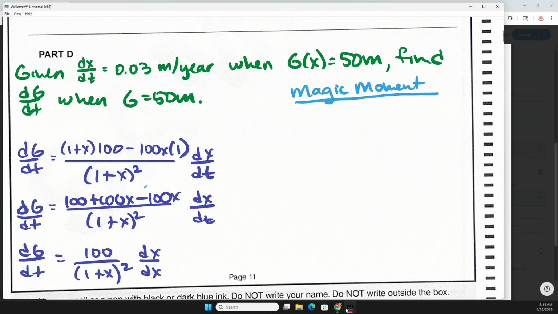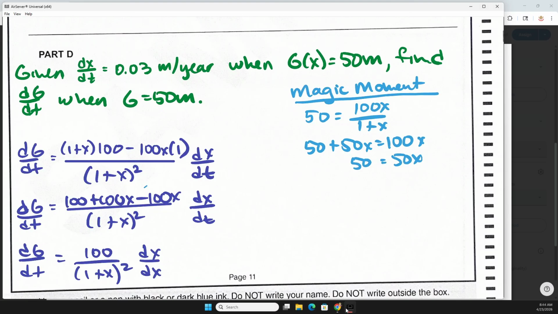And so I would put 50 in for g, and this is into the original problem. And I would solve it for x. So x is equal to 1 at the magic moment.